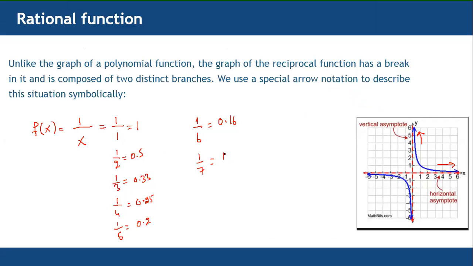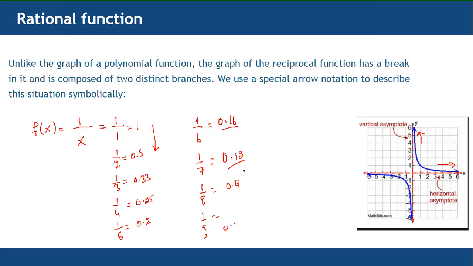You can see that as we give values 1, 2, 3, 4, the value of y is decreasing. 1, 0.5, 0.33, 0.25, 0.2, 0.16, and 0.12. If we give 8, it will be 0.07 or something like this, then 1 over 9, 0 point something, 1 over 10, 0.1.